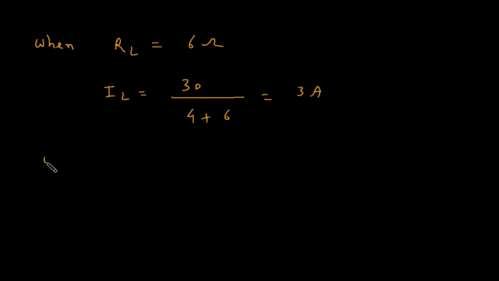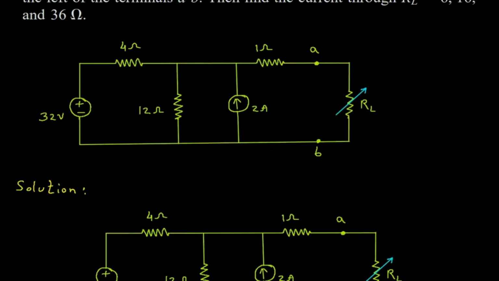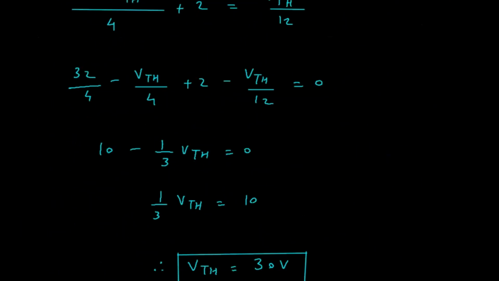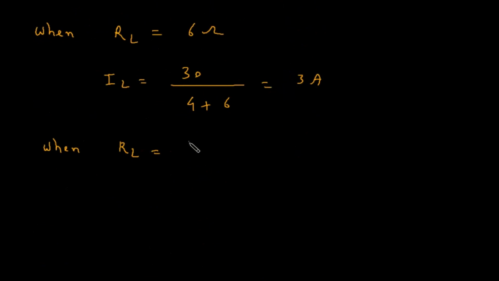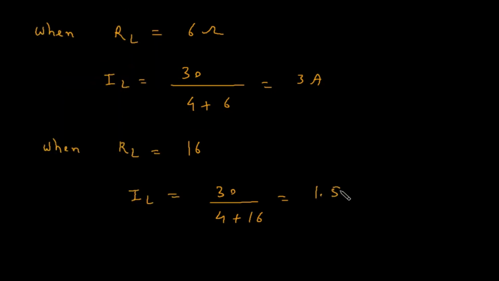Now when RL is equal to 16 ohm, then IL is equal to 30 by (4 plus 16). So this will be 30 by 20, which is 1.5 ampere.